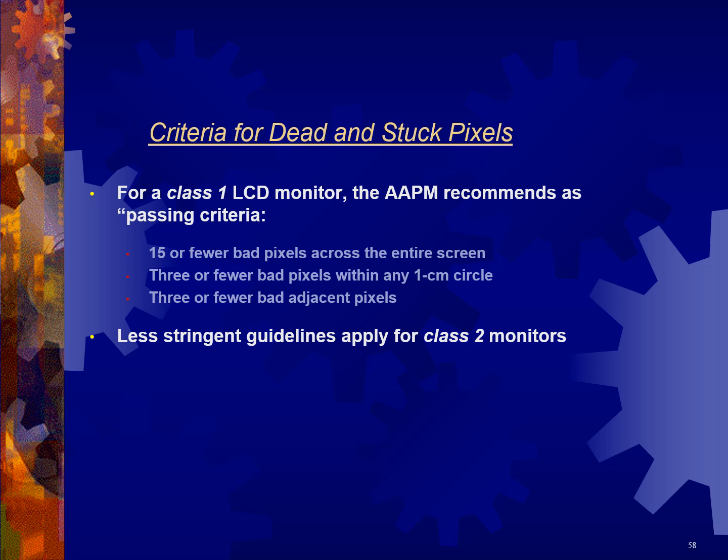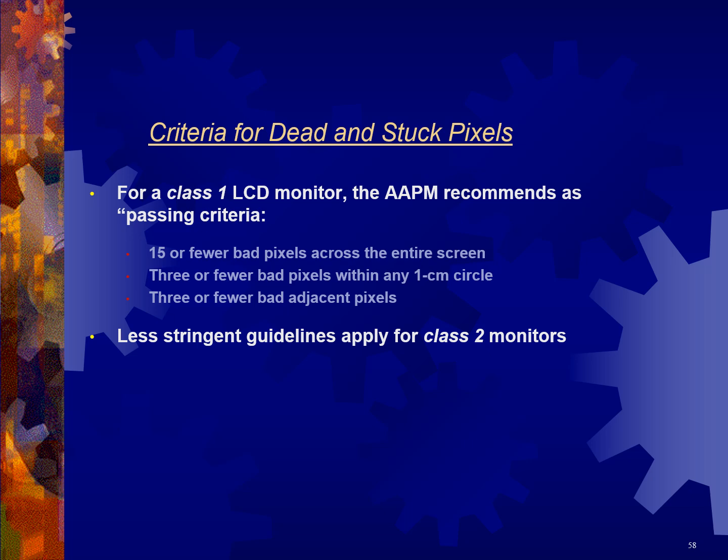Okay. For a class 1 monitor, oh, sorry, the font's so small on this one. For a class 1 monitor, 15 or fewer bad pixels across the entire screen. So if you shoot a raw exposure, and then you bring that up, it should be uniform gray across the thing.